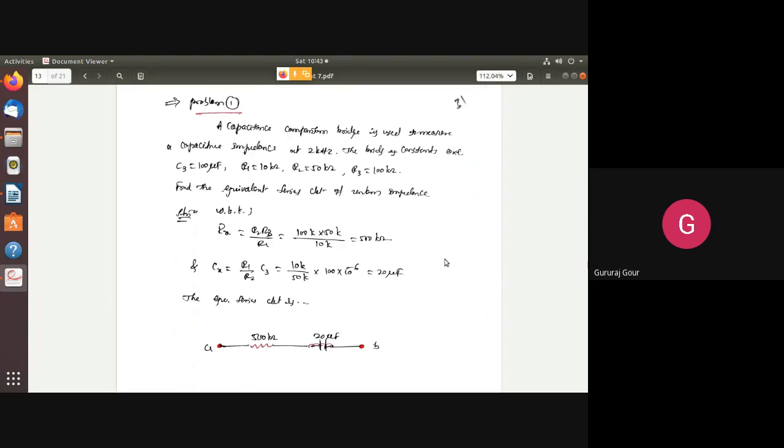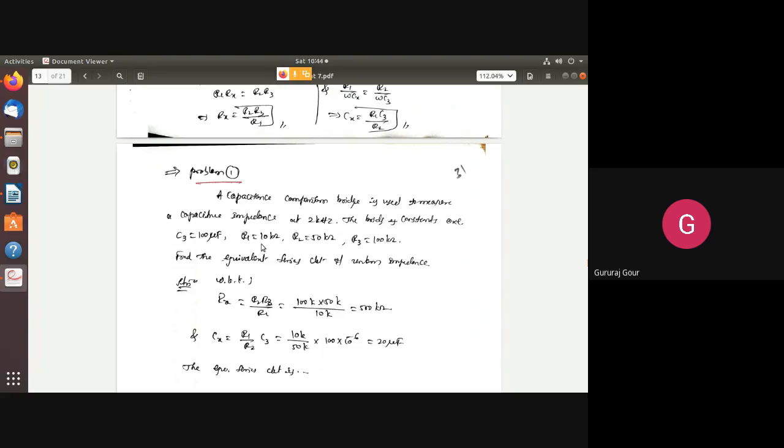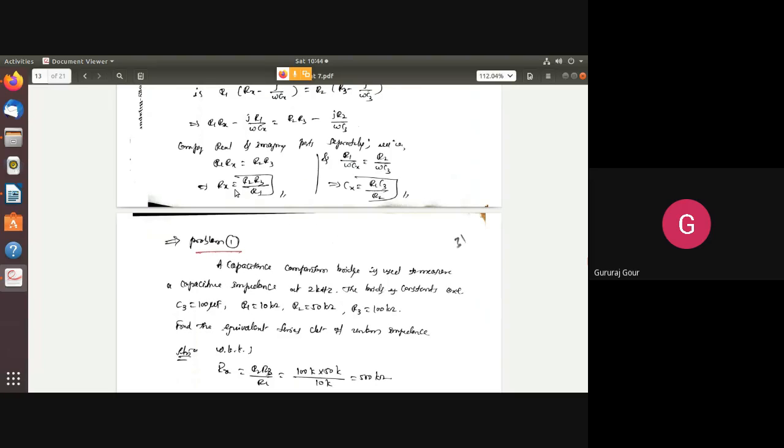In the examination, they will ask you a capacitance comparison bridge used to measure capacitive impedance at 2 kilohertz, means frequency is given. The bridge constants C3, R1, R2 and R3 are given, and now they ask you to find the equivalent series circuit of the unknown impedance. You have the design formula Rx equal to R2 R3 by R1.